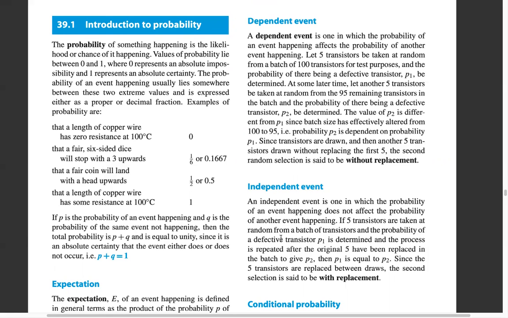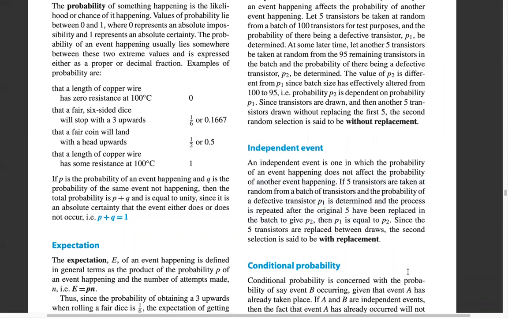So the first draw affects the second draw. That's the idea with dependent events. Some events depend on each other. Independent events don't affect each other. If you're replacing the balls in a bag, then one draw wouldn't affect the other one because the bag has the same composition of balls each trial.